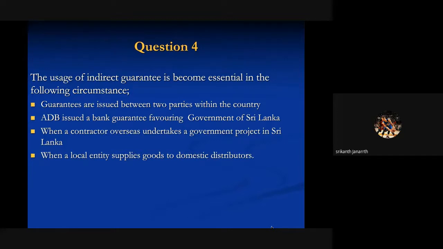Who has taken the contract? It is the German tech company that took the contract of SLT. So when a contractor overseas undertakes a government project in Sri Lanka, the government does not accept a direct guarantee. They want an indirect guarantee. That means they want a guarantee issued by a local bank. So indirect guarantee means the guarantee is issued by a local bank. So the answer is this, right?